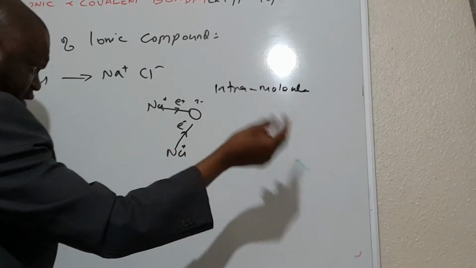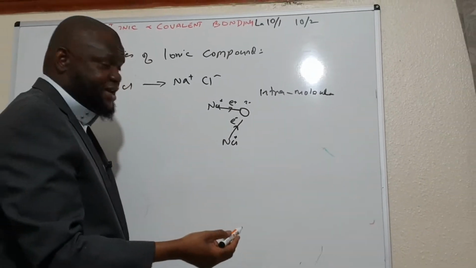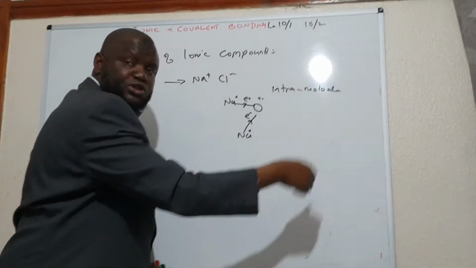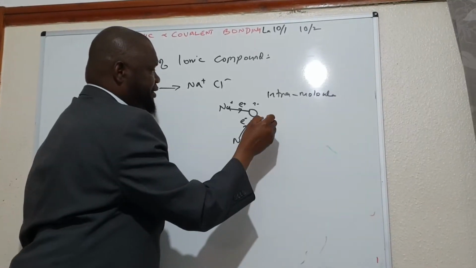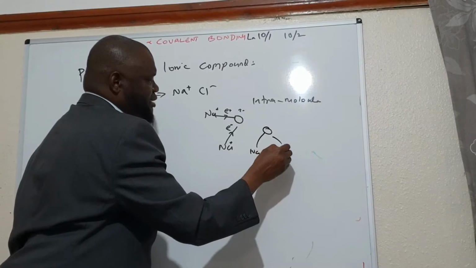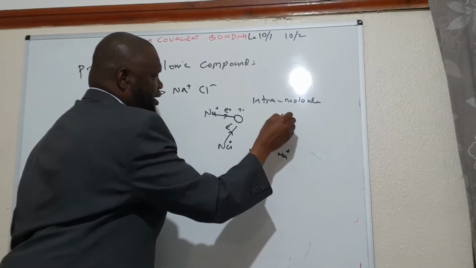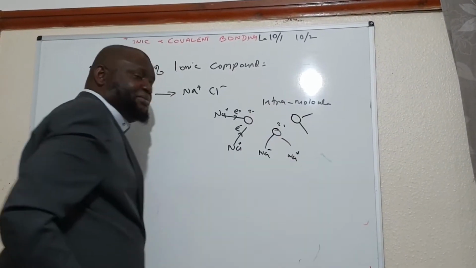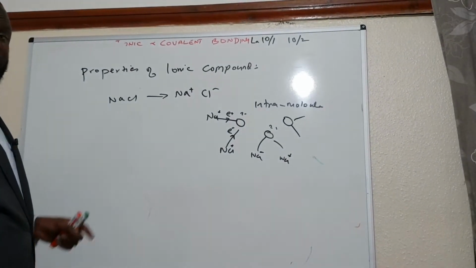Now, in a compound there are many molecules of the same compound. You may have another sodium here with the same thing, positive, negative, 2 minus, another one here, and many of them, maybe thousands and thousands, because it forms a giant structure.